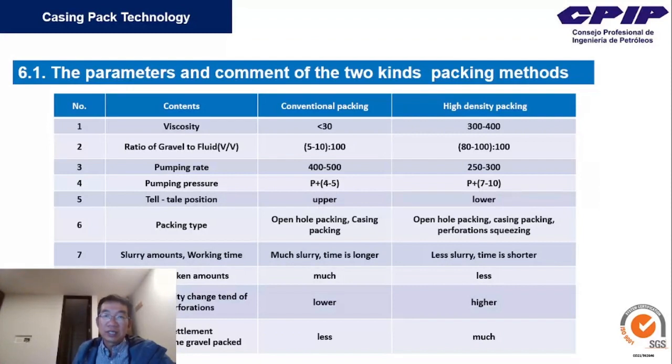The viscosity needs to be below 30, and the ratio of gravel to fluid from 5 to 10 and to 100. The pumping rate from 400 to 500, and the pumping pressure P plus 4 to 5, and the tire position upper. The packing type: open hole packing and casing packing.